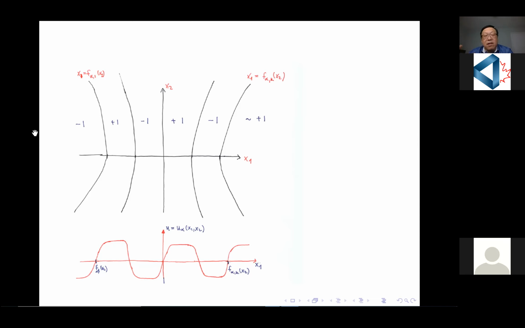So you look at the cross section, and this is what you see. Your solution looks like this, changing sign, and this is your nodal set. So the nodal set is governed by the Toda system. So this is another kind of finite-ended solution.